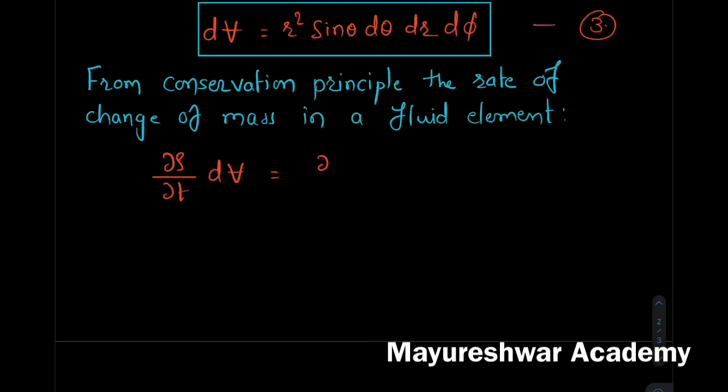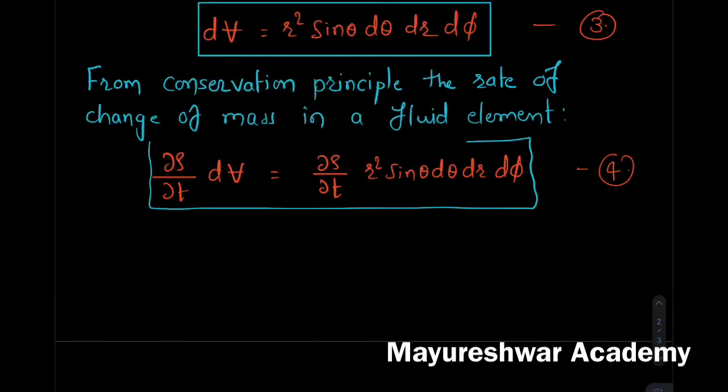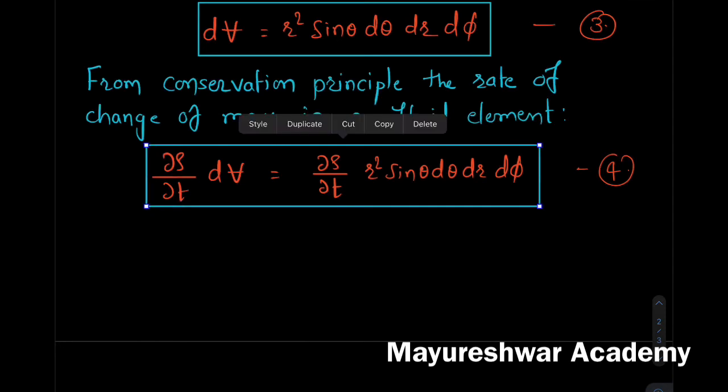So in this case, r square sine theta d theta dr d phi. Let's make this equation fourth, and this is going to be the left side of the conservation equation.